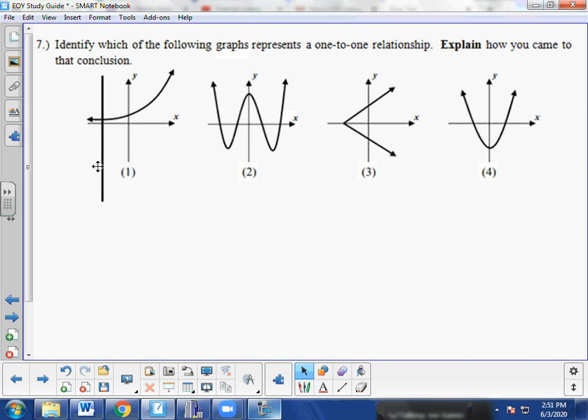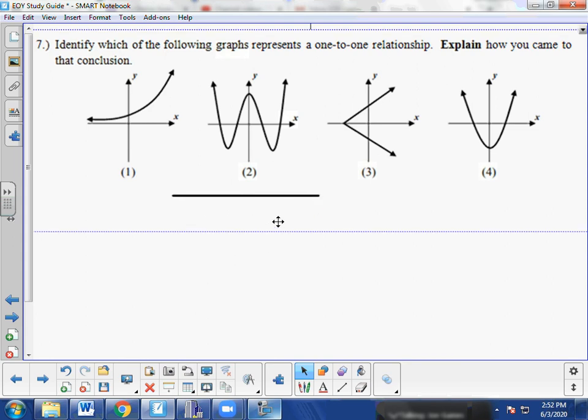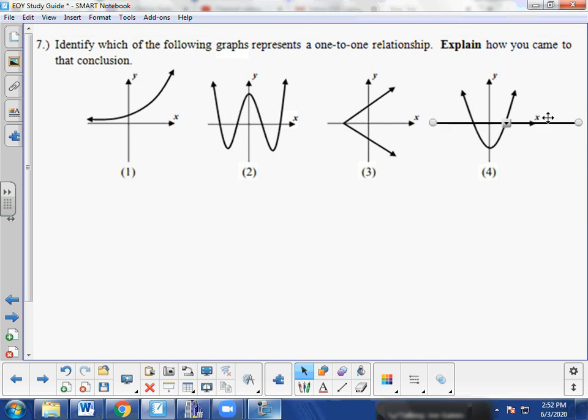If I take this vertical line and pass it through number 1, we can see that 1 is a function, 2 is a function, 3 is not a function, 4 is a function. Now if I switch it to a horizontal line, 4 we said was a function, but it fails the horizontal line test. So it has some output values that correspond to the same input.